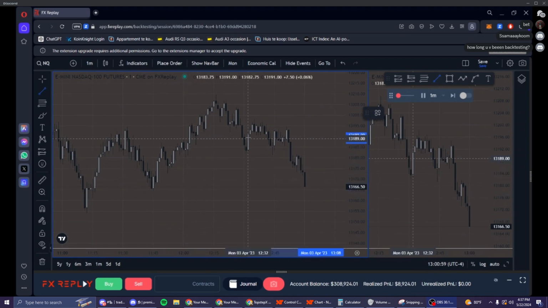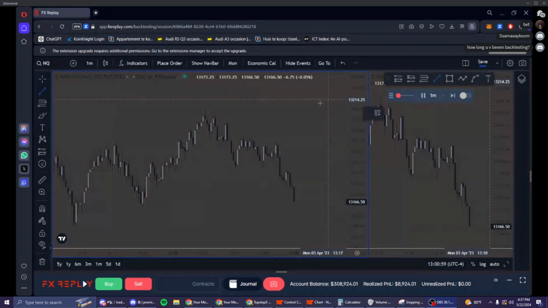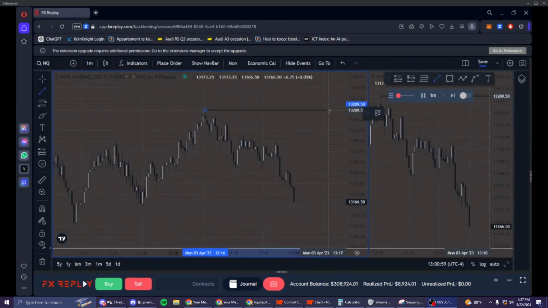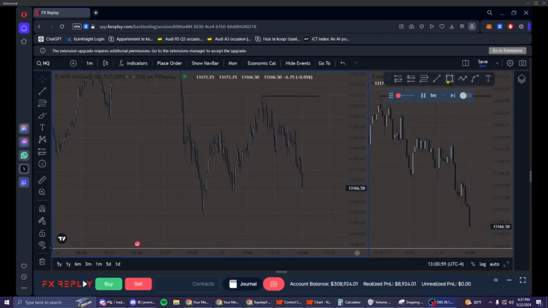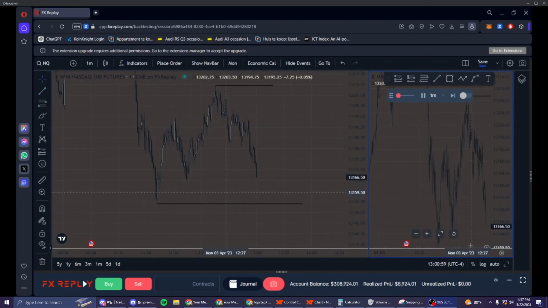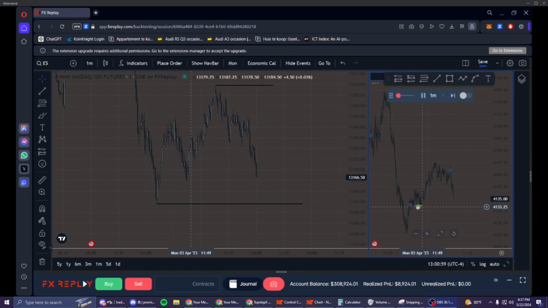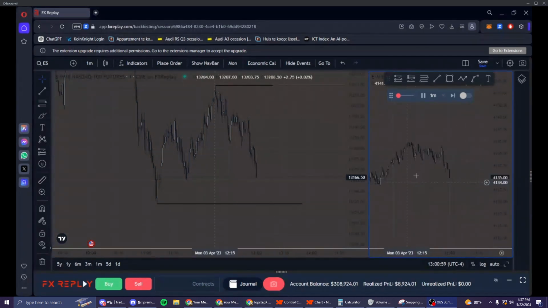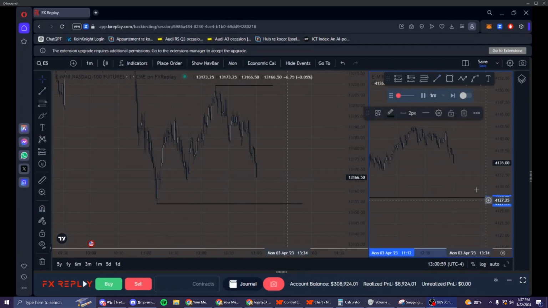Lunch lows are these lows we have right now, so no need to mark that out. We have lunch highs right here. AM lows we have right here. I'll mark them out on ES as well. Okay, these are AM lows, lunch highs on ES.